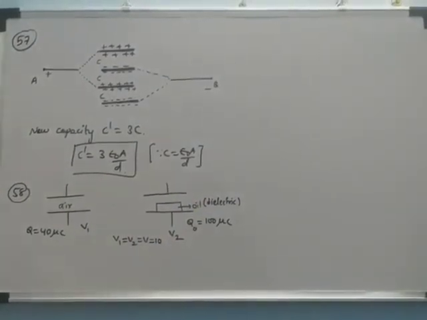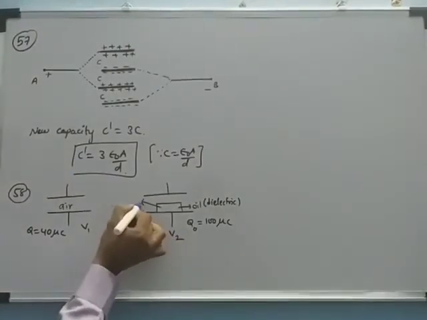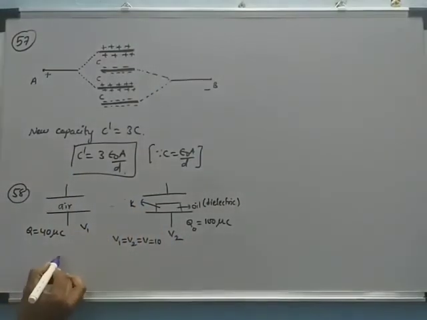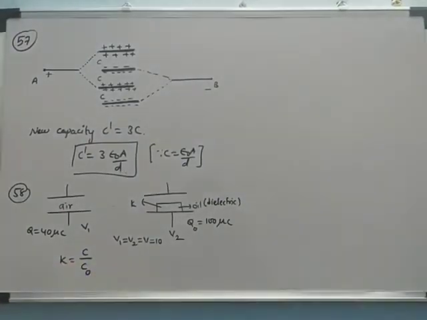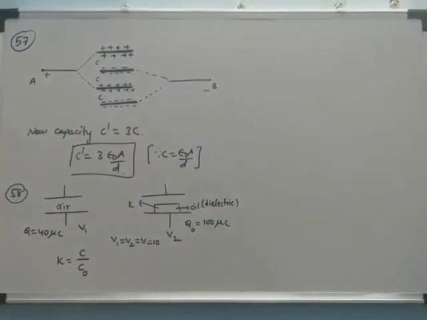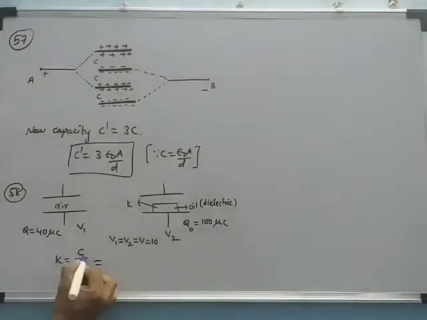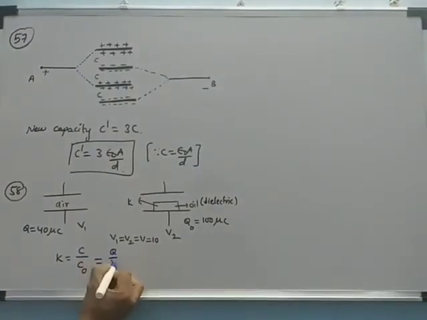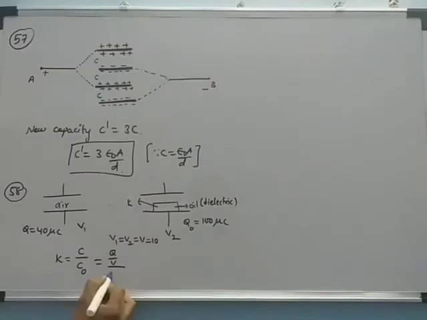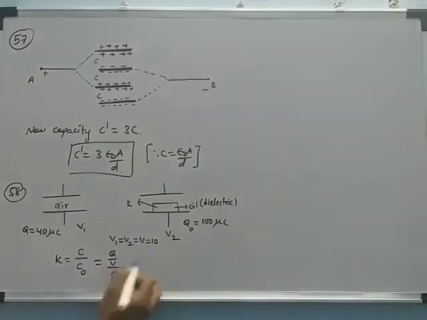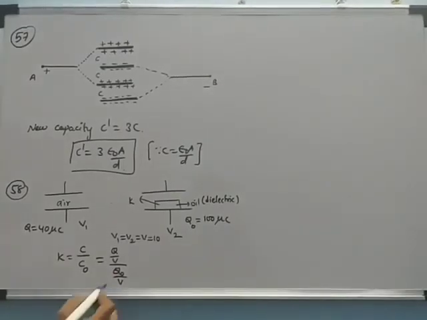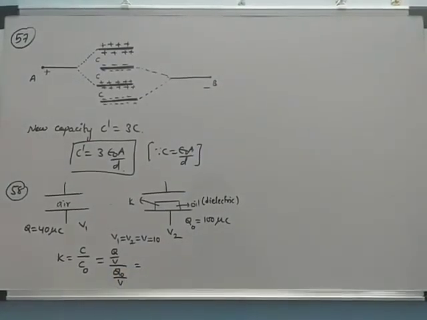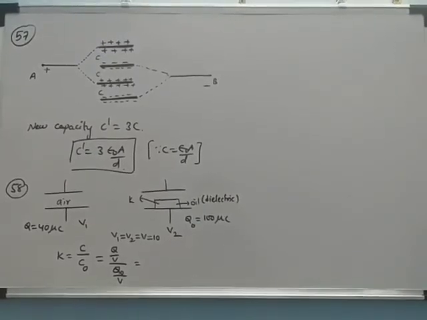Now the dielectric constant K is equal to the capacitance in oil by the capacitance in air. Capacitance is charge by potential, so Q by V over Q naught by V. The potential will be the same, so it cancels, and we take the ratio of the charges.